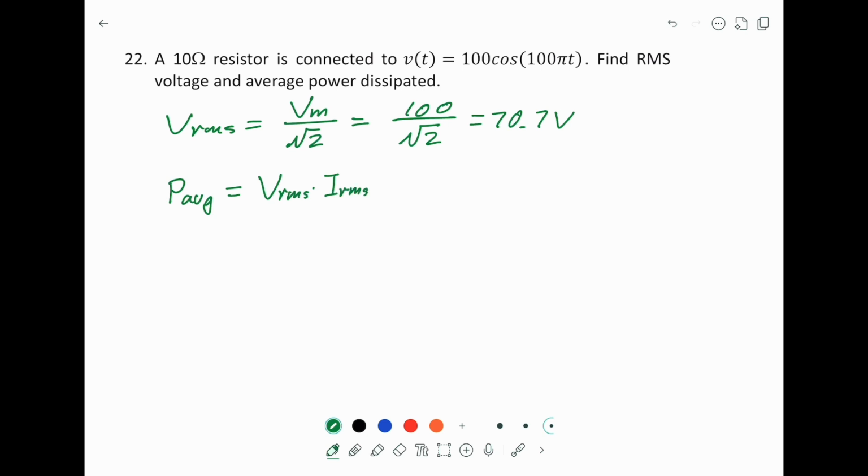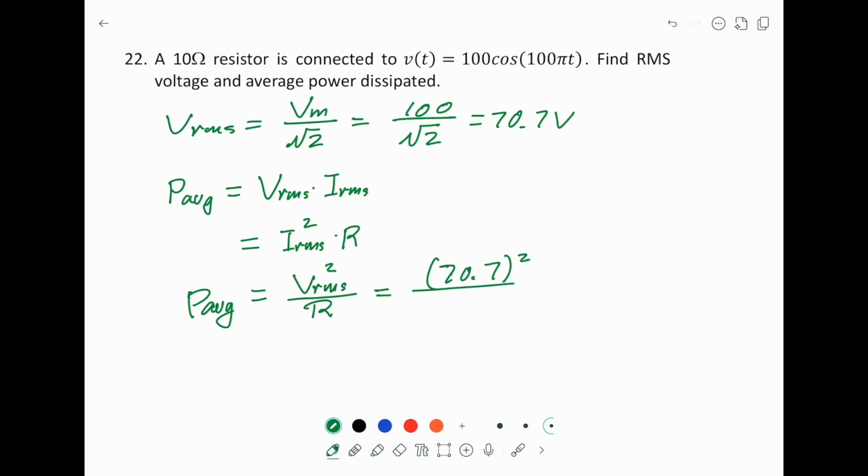However, we can apply Ohm's law, and we can rewrite this as I rms squared R, or root mean square voltage squared divided by R. So we use this form, and this is 70.7 squared divided by 10, and you will get 500 watts.